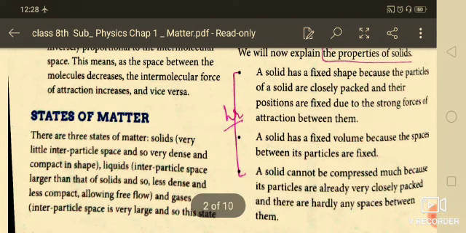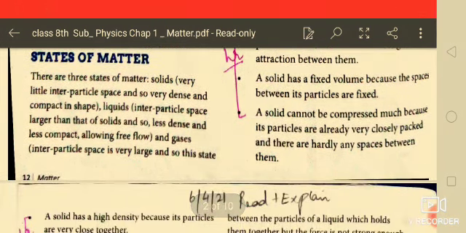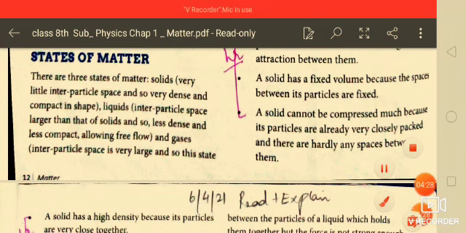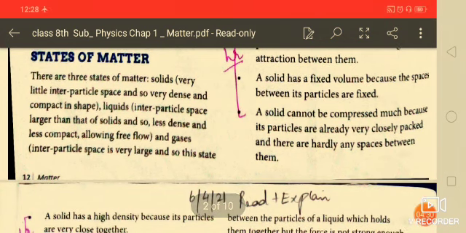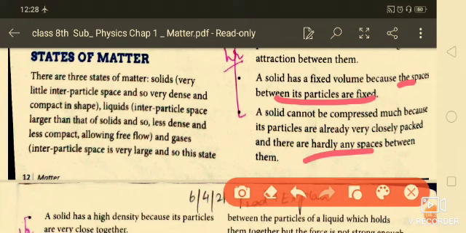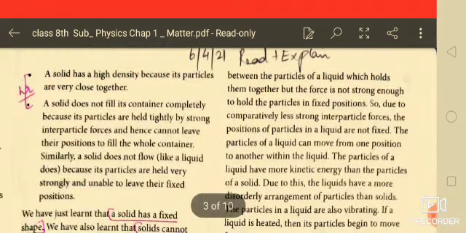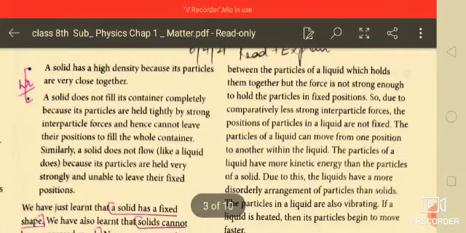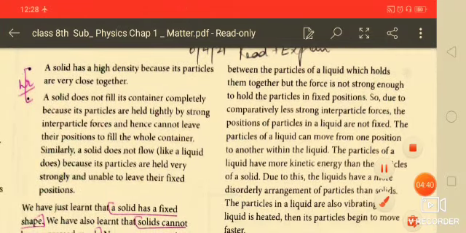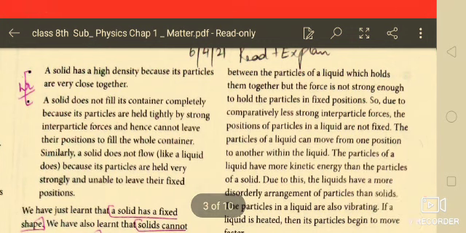A solid has a fixed volume because the space between its particles is fixed, and a solid cannot be compressed much because the particles are closely packed and also rigid. A solid has a high density because its particles are very close together.